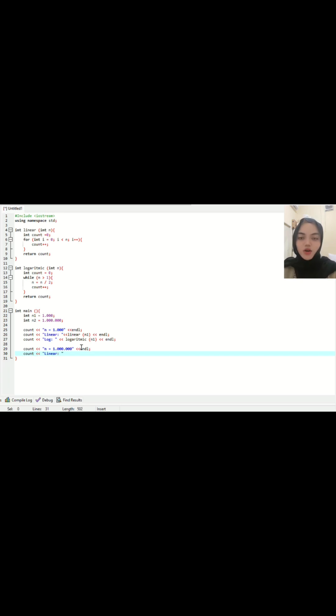The other terms become insignificant and do not affect the total result. By coefficient 2, the complexity is proven to be big O.